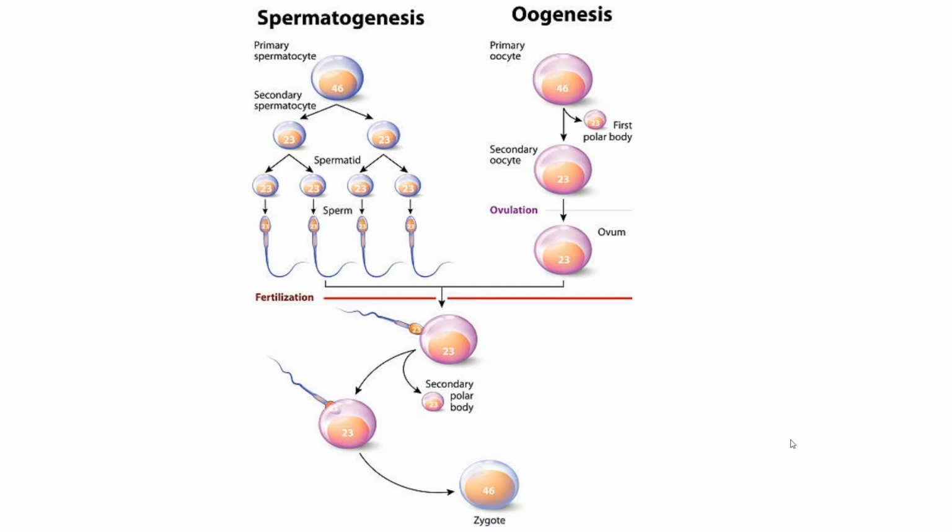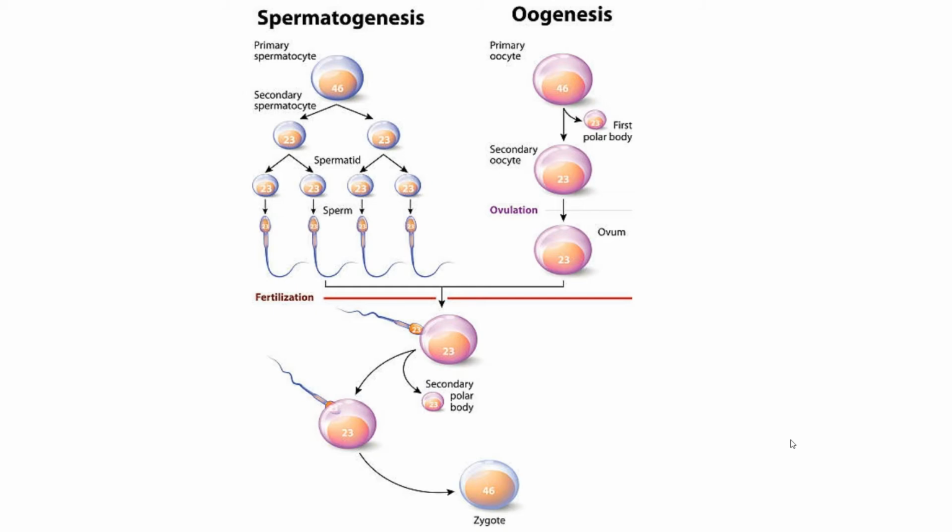Spermatogenesis occurs from puberty all the way into old age, and it's a non-cyclic process, whereas oogenesis begins during development back in the fetal stages, and the release of those eggs begins at puberty and ends at a time called menopause, when the female will stop releasing those eggs.